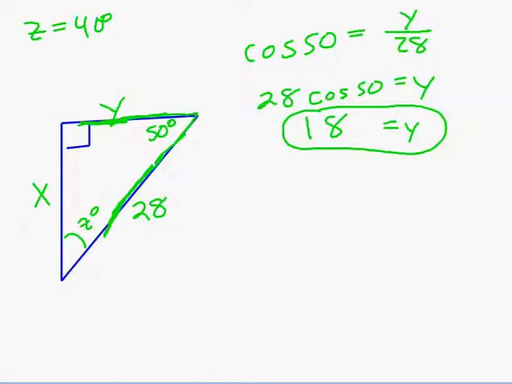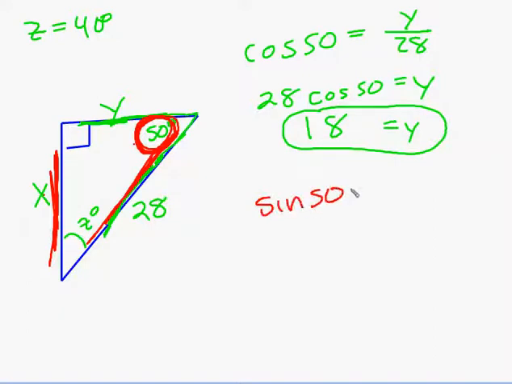Okay, to get x, I'm going to avoid using that y. That's hard. It's like immediately I see that I'm like, let's find that. Okay, so I'm using this angle. So I have opposite and hypotenuse. Okay, so what do I use? Sine.